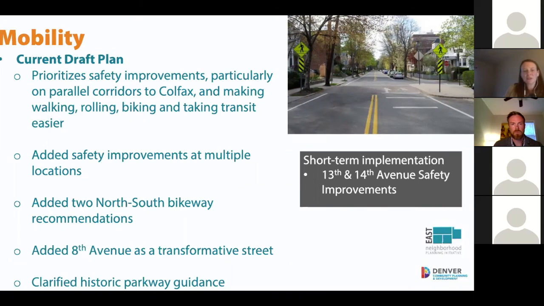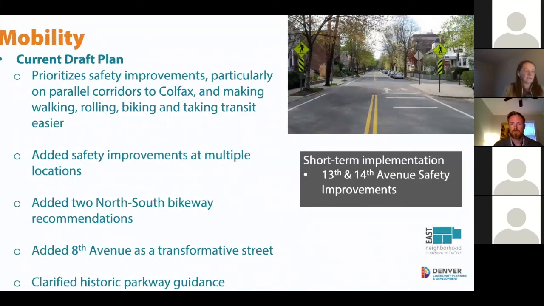And I just wanted to take a moment to highlight an example. We've been talking about these recommendations for 3 years now, and I think a lot of people are eager to see change happen, particularly improvements that they're looking for. I think there's a good example: our Department of Transportation and Infrastructure is moving forward with short-term safety improvements on 13th and 14th Avenue.